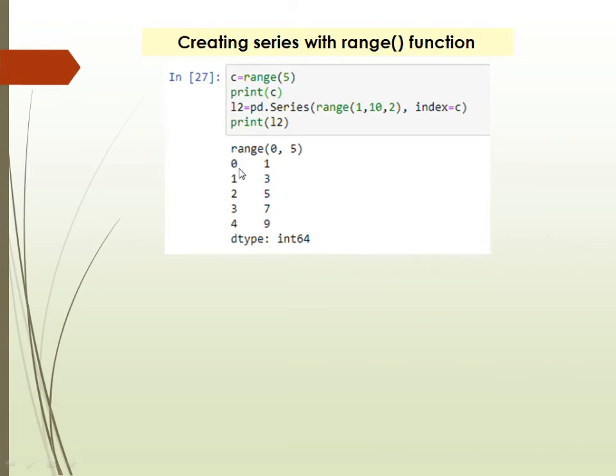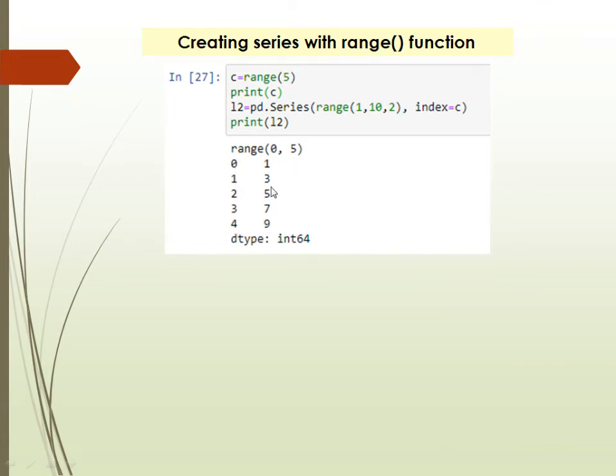And those values are seen here in the index part. When I put pd.Series, I put index equals to C, because I want these C values as my index values.